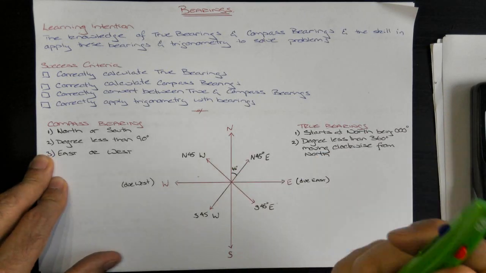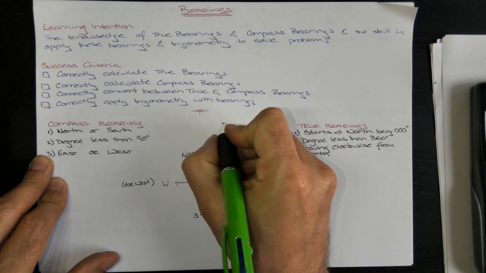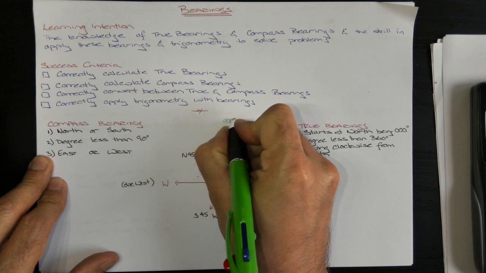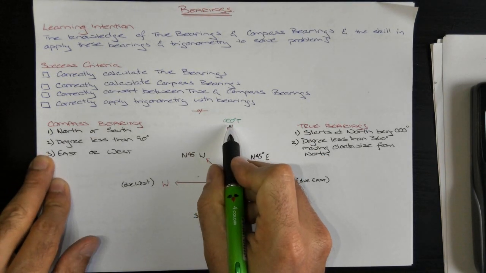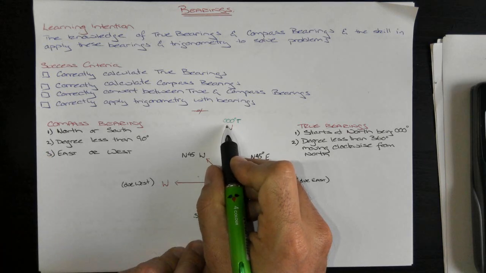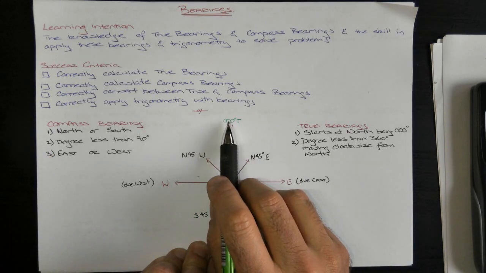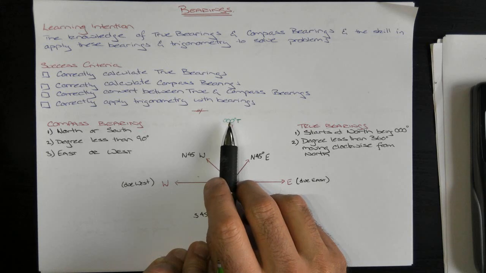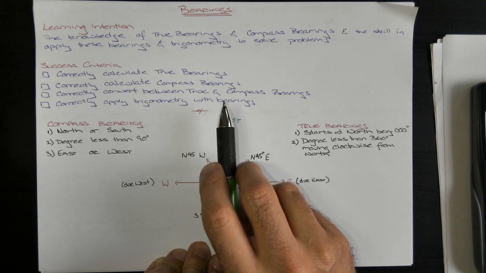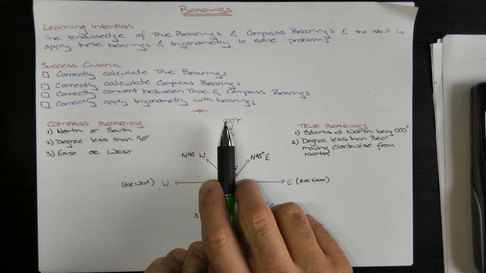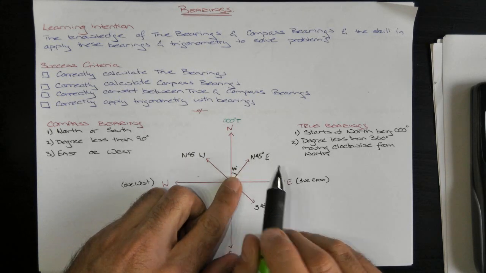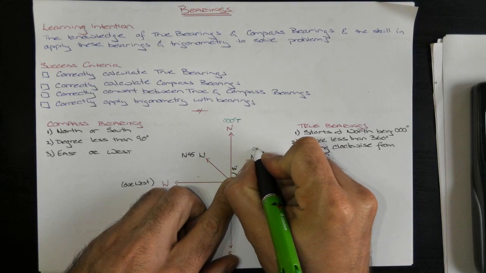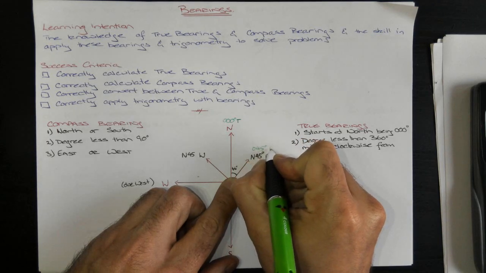True bearings, well, they start at north being 0, 0, 0 degrees true. So true bearings always have three numbers. And then we measure how far we are turning in a revolution from facing north. So for example, if I keep going in a circle, if I get north 45 degrees east, well, that's just 0, 45 degrees true.